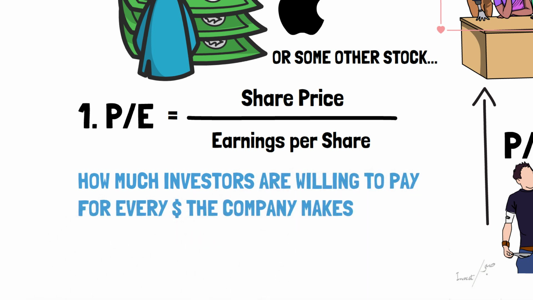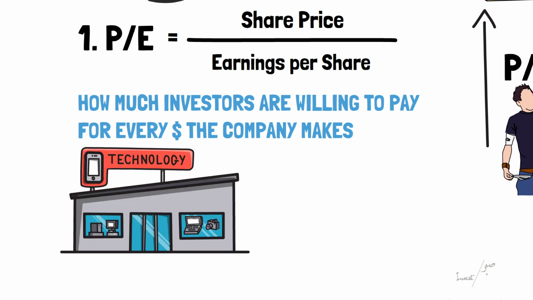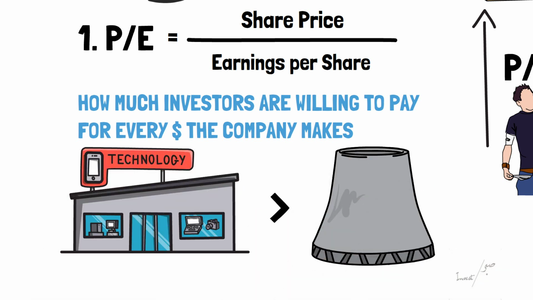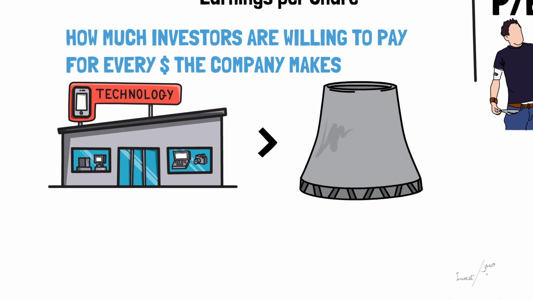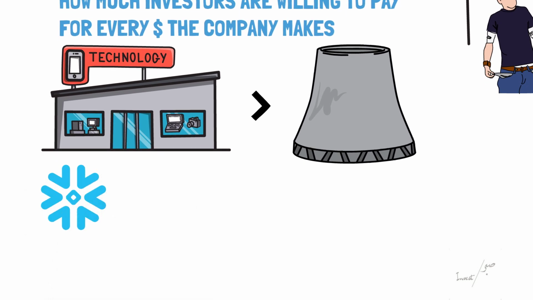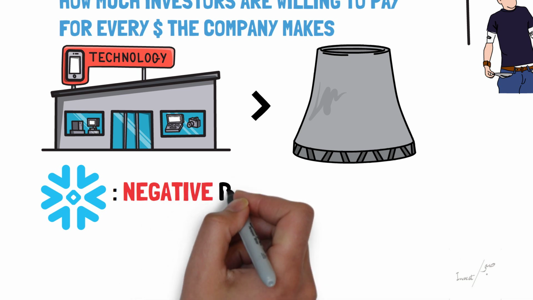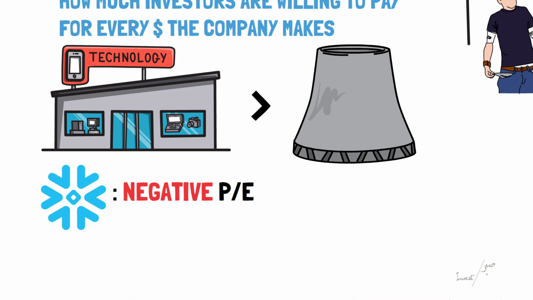For example, tech companies have a higher PE multiple than companies in the utilities sector, so we have to compare the PE ratio to other PE ratios in the same industry, and also look at earlier PE ratios for the company. Growth companies like Snowflake will normally have a negative PE ratio, and we therefore have to use other metrics to determine if it is undervalued.